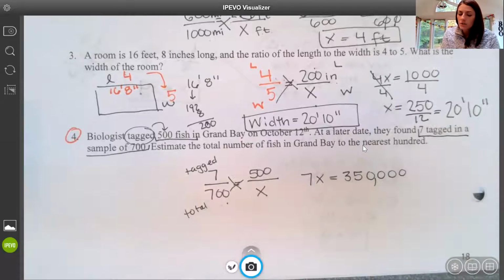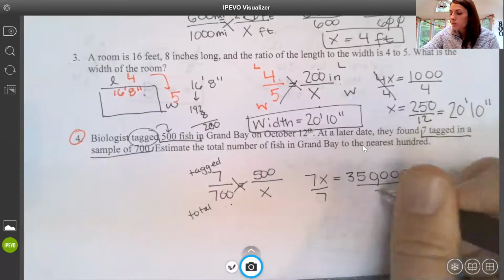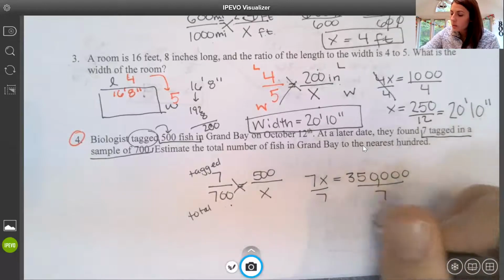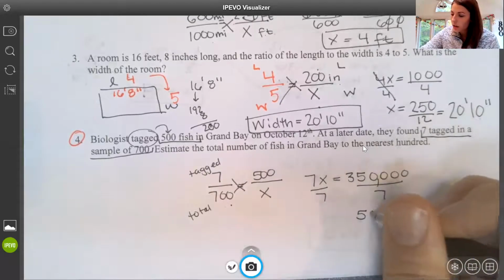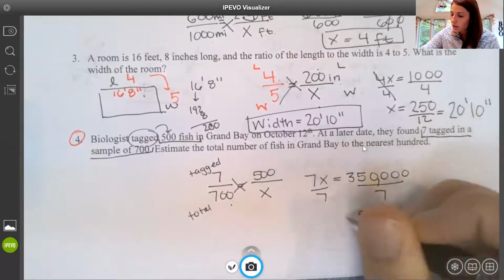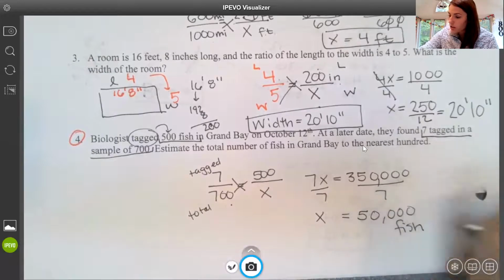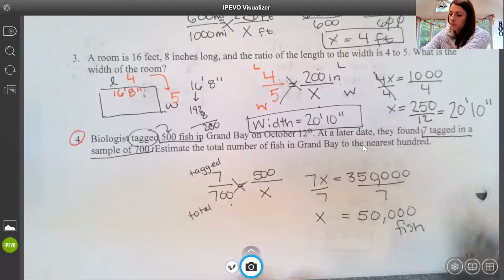And then I'm going to divide that by 7 on both sides. So 35 divided by 7 is going to give me 5, and I'm going to keep those zeros there. Gives me an estimate, it says to the nearest 100, that's funny, of 50,000 fish living in Grand Bay, right?